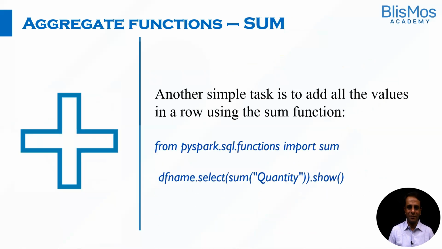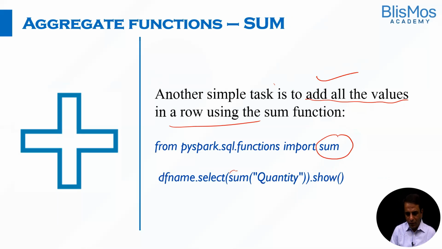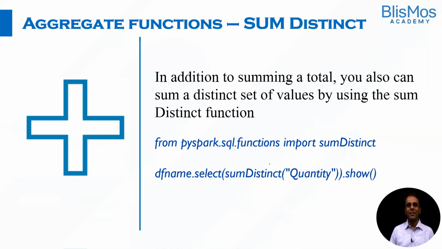The next function is sum. What is sum? It will add all the values in a column. How do we use it? Import that function and go ahead and use the function on the column you want to get the sum of all the values. The next function is sum distinct. We have already seen count distinct, right?